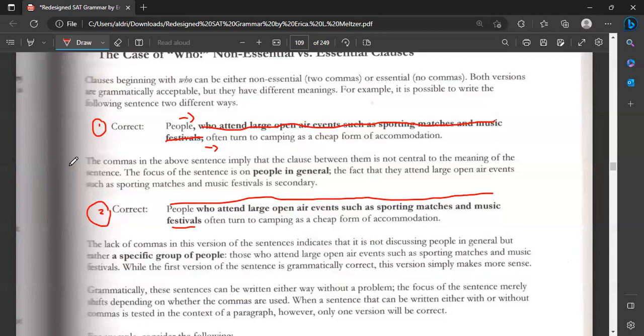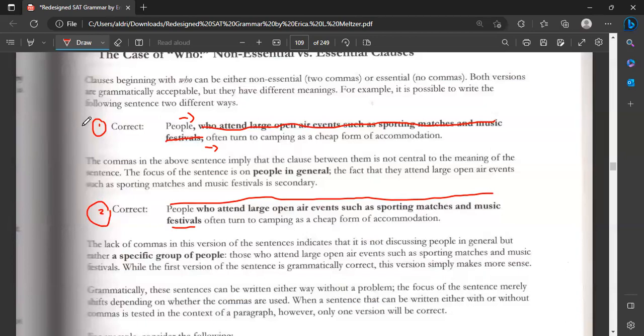Okay, so for the second one, there's no non-essential clause. That's actually a good question. There's no non-essential clause just because we don't have a comma sandwich. On the SAT, you're not going to be asked to necessarily create one.